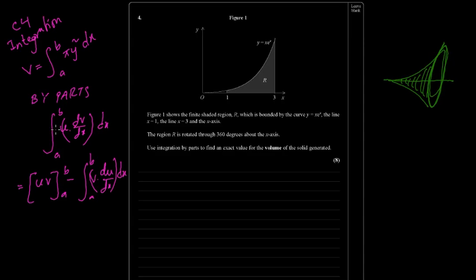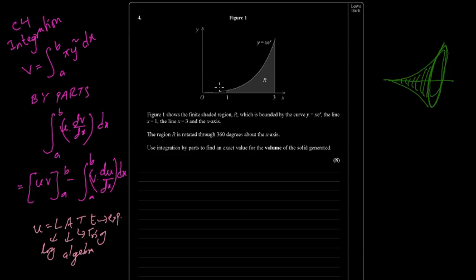That's the formula. And you should remember how to select u. U is based on LATE: L for log or ln, A for algebra, T for trigonometry, and E for the exponential function. That's the ordering of how you select u.